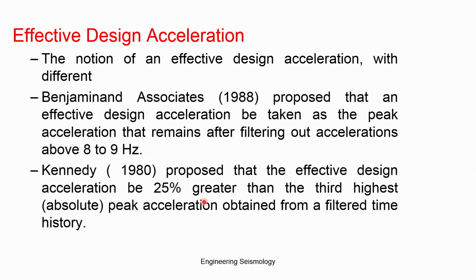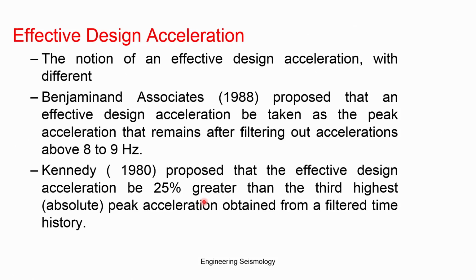Another one is the effective design acceleration. The notion of the effective design acceleration differs between authors. Benjamin and Associates in 1988 proposed that the effective design acceleration be taken as the peak acceleration that remains after filtering out frequencies above 8 to 9 Hz.